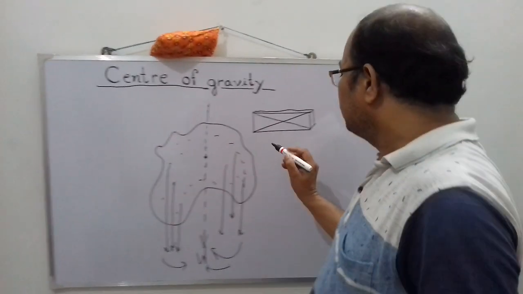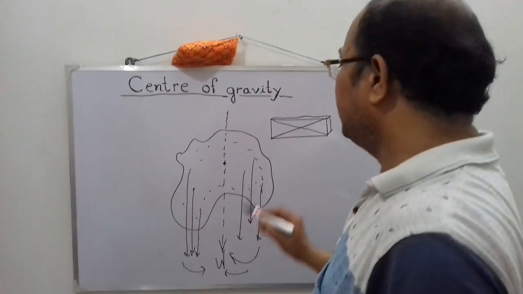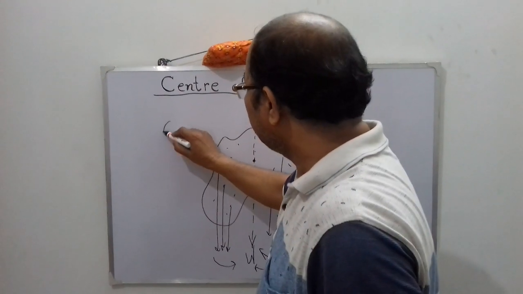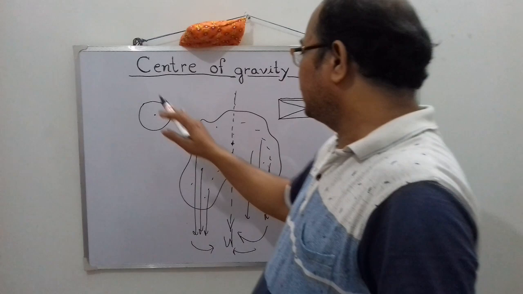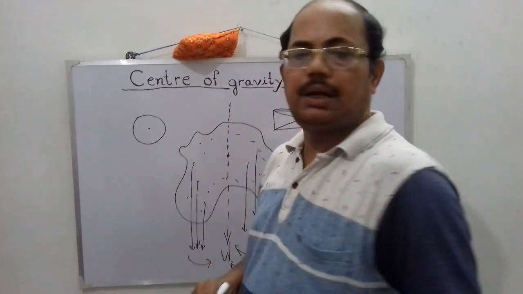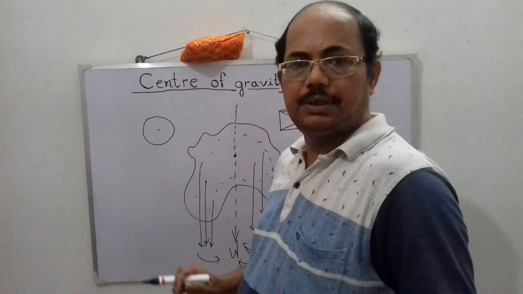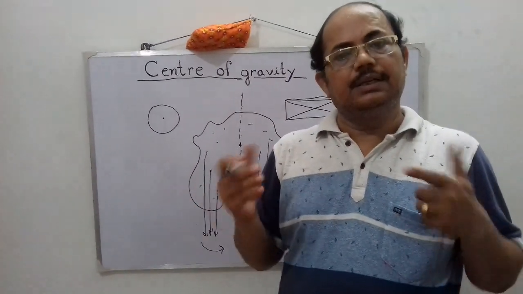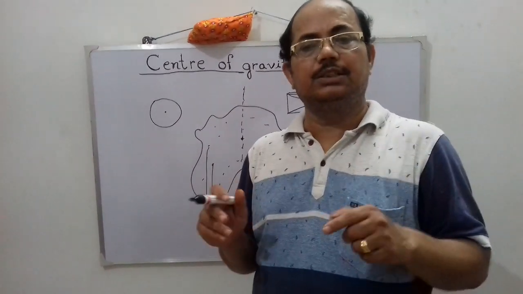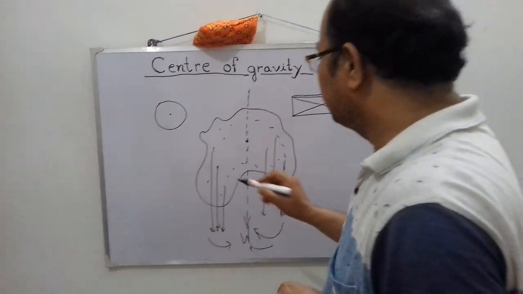So this is the center of gravity for a rectangle. For a circle, the center of gravity is here. For a ring shaped object, the center of gravity is here. For a disc, the center of gravity is here. For a 3D sphere, the center of gravity is at the geometrical center of the sphere.